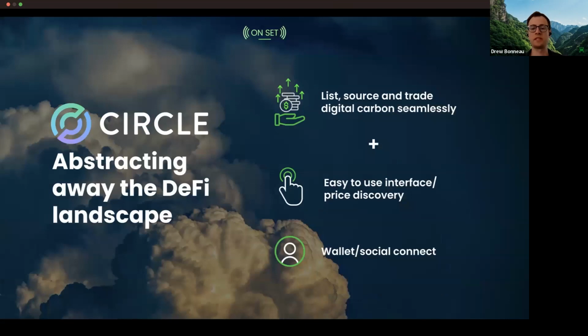So companies will be able to set up user profiles, special trading permissions, and user allowances, and easily on-ramp and off-ramp fiat currency with what is effectively a digital bank, all while leveraging enterprise-grade security. So through the Circle business account, DCM participants will be able to source, trade, and list digital carbon assets easily and securely. And easier interfacing to perform these actions is, of course, crucial for connecting demand and supply side participants.